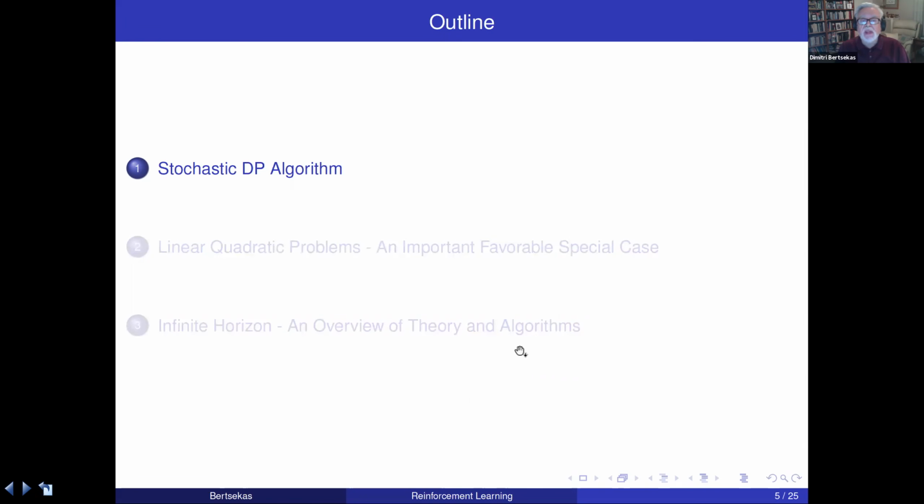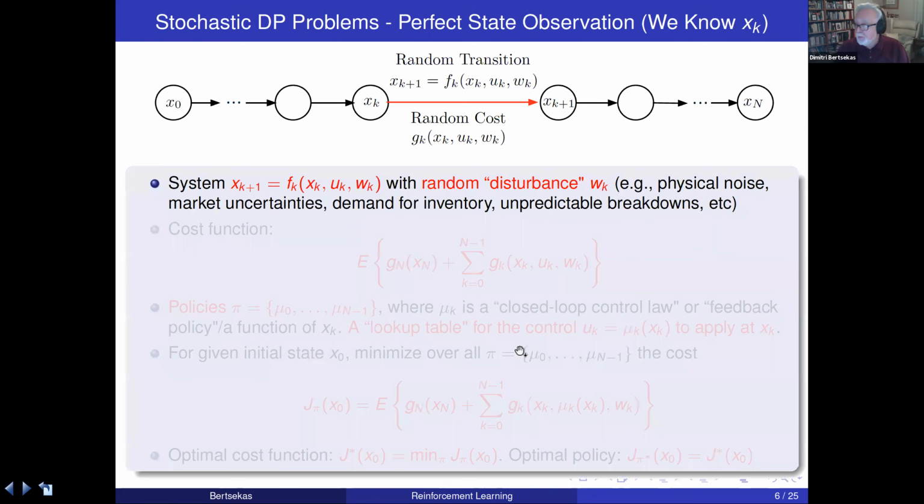So, stochastic dynamic programming problems. They are similar to deterministic. The main difference is that at a given state, xk, as you apply the control uk, the next state is random.